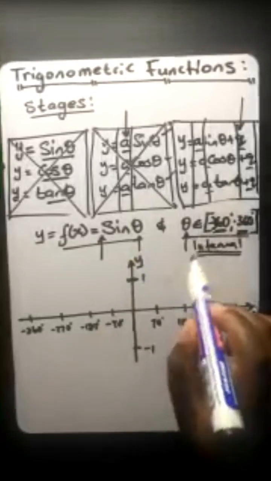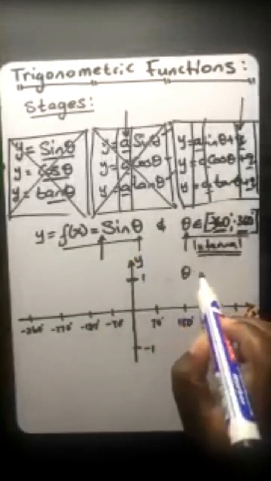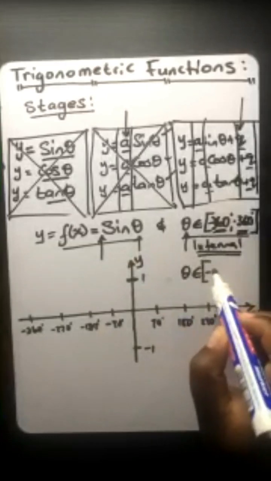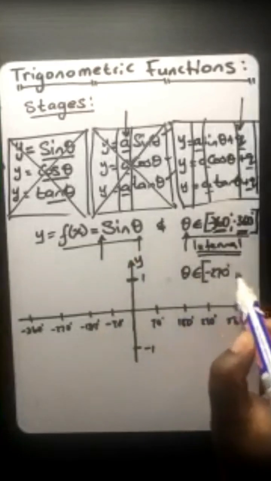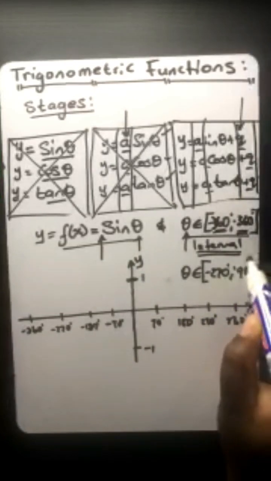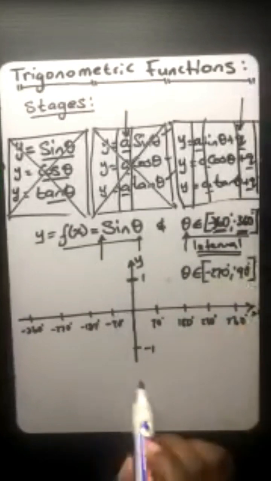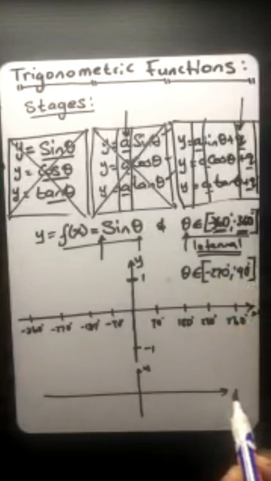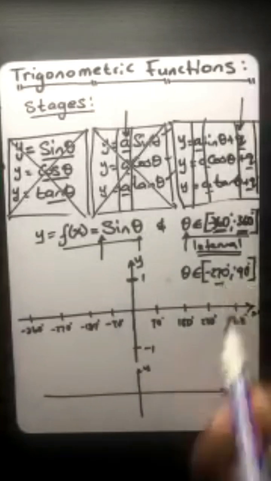If, for example, that interval, I'm giving an example, says theta is an element of negative 270 degrees and 90 degrees. That means your function is going to start from that angle, negative 270.